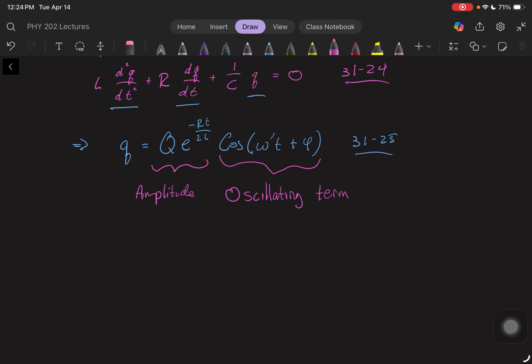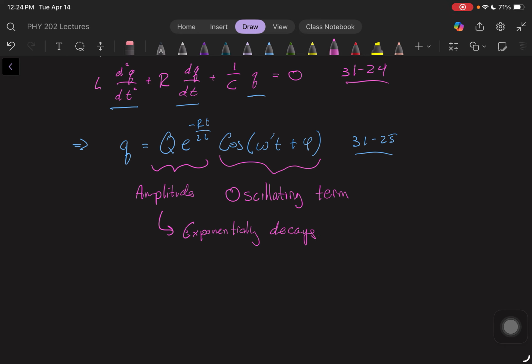When we dealt with superposition of waves, we actually had a cosine in the amplitude, but it was cosine of phi over 2, the phase over 2. And so that ends up being like a constant, and it's not part of the oscillating term. Here we have an amplitude that exponentially decays.